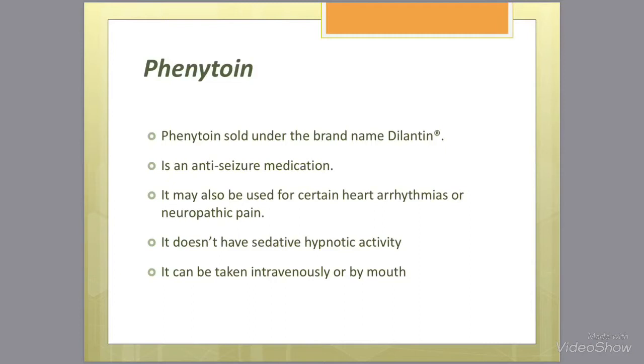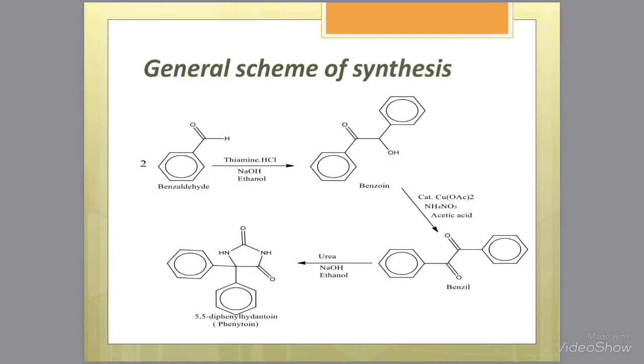used earlier. If you look at the general scheme of phenytoin synthesis, you can see that it's composed of 3 steps. The first step is the benzoin condensation, where 2 molecules of benzaldehyde will become condensed to form a benzoin molecule.